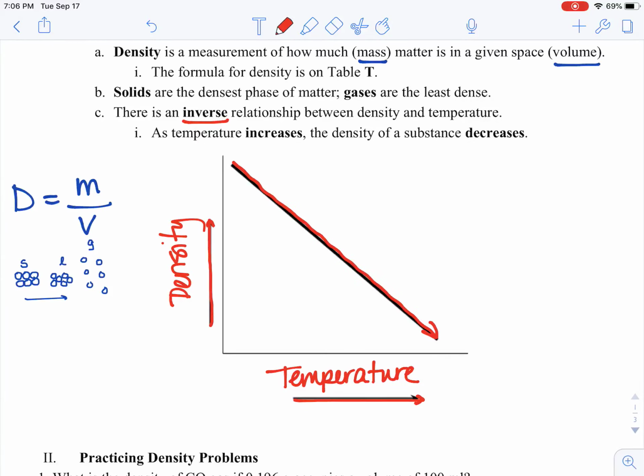Okay, so I become less dense as my temperature increases. So we would likely see substances in the solid phase here, in the liquid phase here, and in the gaseous phase here to relate that to what we've just looked at.